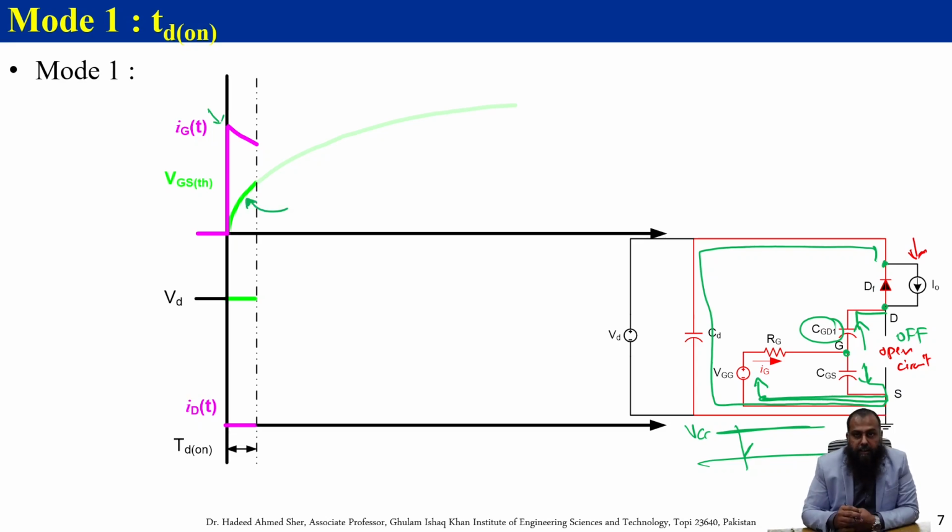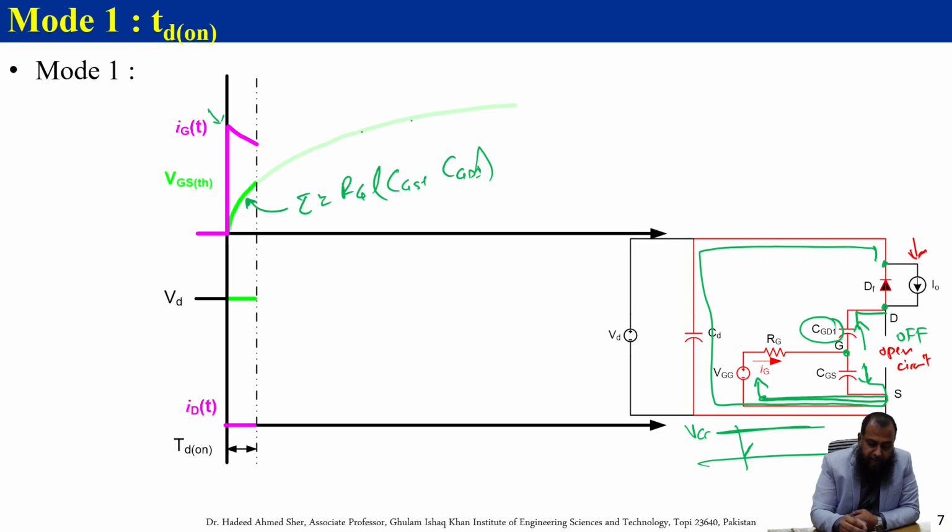Now this rise in the VGS will have a time constant tau, equal to RG into the CGS plus CGD1 here. So this is the time constant, and if we continue with this slope, then this light green color shows the trajectory of this waveform if we continue on this given path.